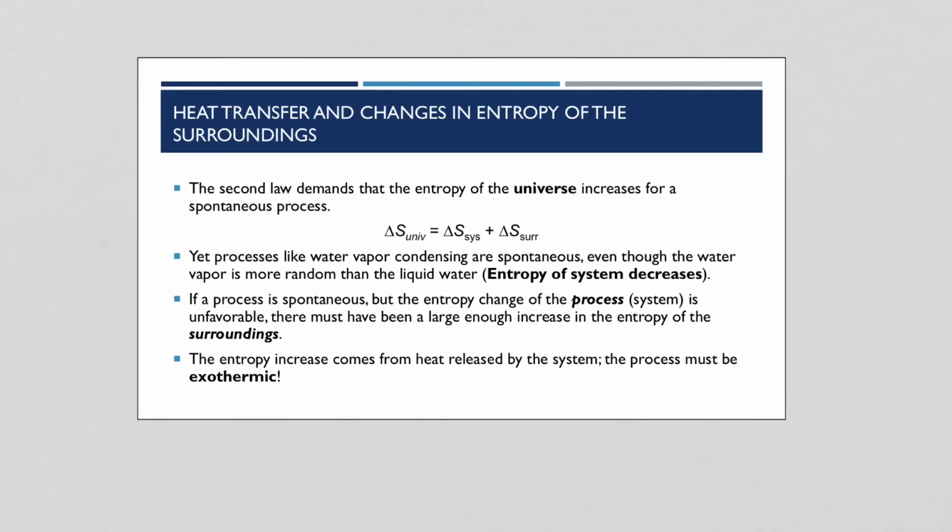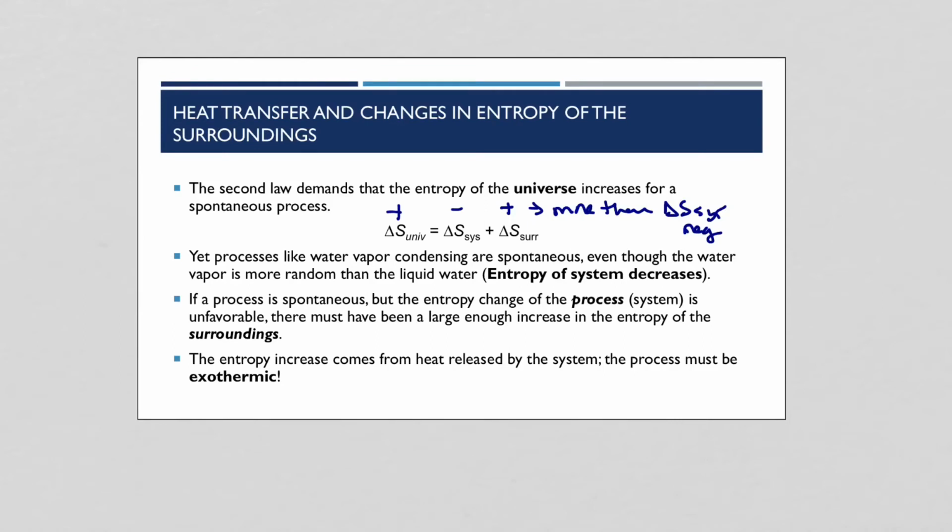So if we require ΔS of the universe to be positive, but ΔS of the system is negative, then ΔS of the surroundings has to be positive and bigger than the negative ΔS of the system. So we need it to be a bigger value. And so if the process is spontaneous, but the entropy of the system is negative, unfavorable, then we must have a large enough increase in the entropy of the surroundings.